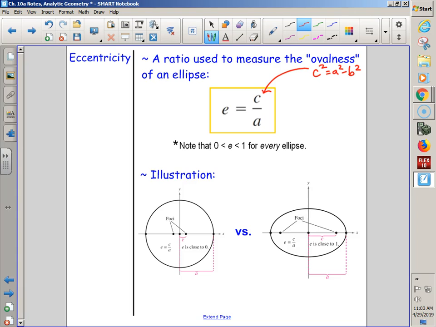Now, eccentricity goes between 0 and 1. The closer it is to 0, the more circular it is. Because if the eccentricity was 0, how far off would the foci be from the center? They wouldn't be. There would be no foci because there would be no ellipse, because it would be a circle. So if the eccentricity is 0, that's a circle. And if the eccentricity is 1, guess what? That's a line.